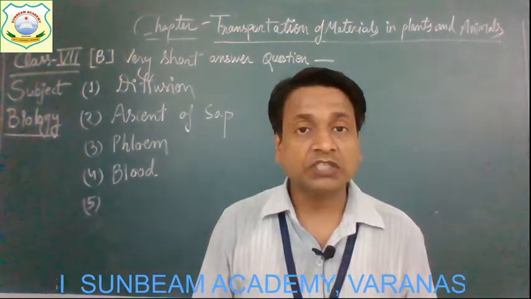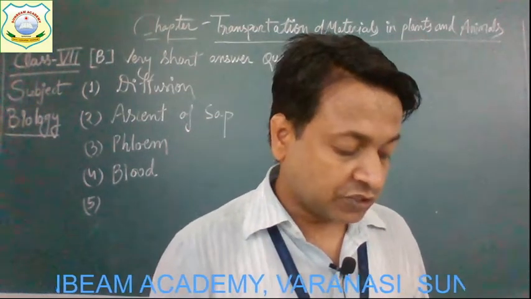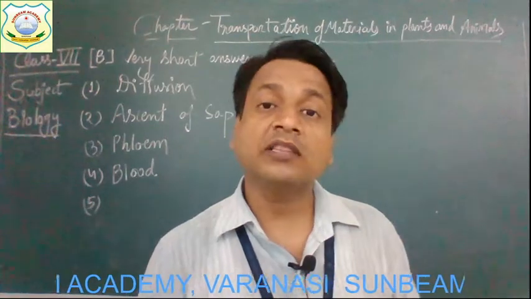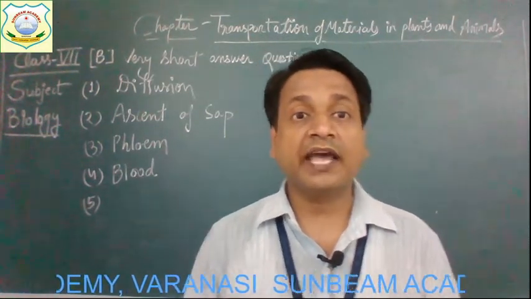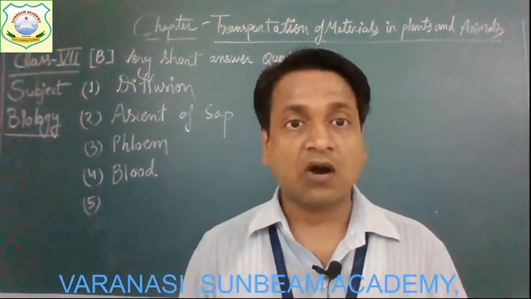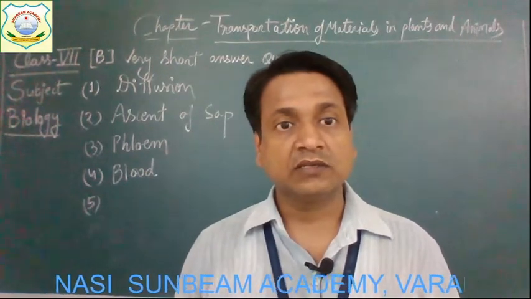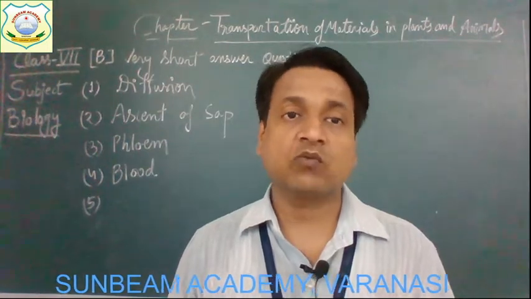And next, question number 5 is, in the heart which chambers have thicker walls, the auricles or the ventricles? Children, remember that our heart has two auricles and two ventricles. Auricles are on the upper side and ventricles are downwards. Out of these two, which have thicker walls?